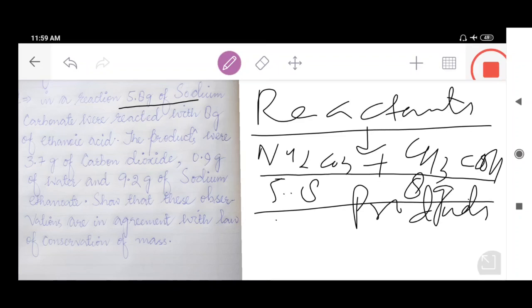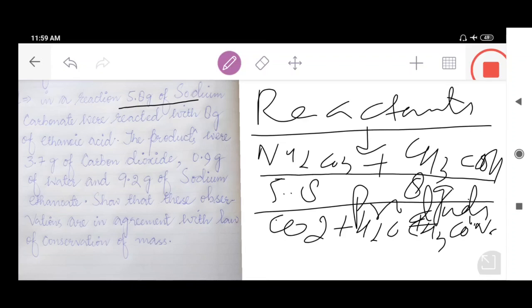The products were, when sodium carbonate plus acetic acid react, there is formation of carbon dioxide plus water plus sodium ethanoate. The formula of sodium ethanoate is CH3COONa.